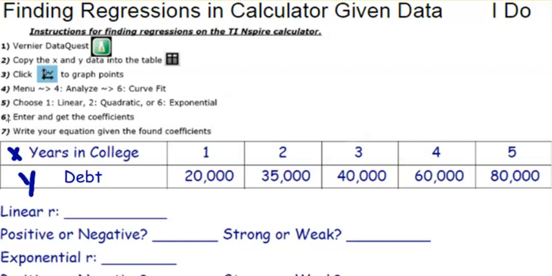And then we will click this graph icon to graph the points. You have to do that before you can click menu. And then you click menu, for analyze, 6 curve fits. Choose 1 linear, 2 quadratic, or 6 for exponential. Those are the 3 regressions you'll be using this year. Enter, get the coefficients. Write your equation given the found coefficients.